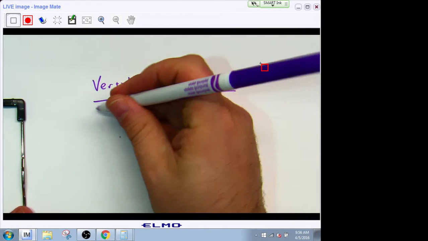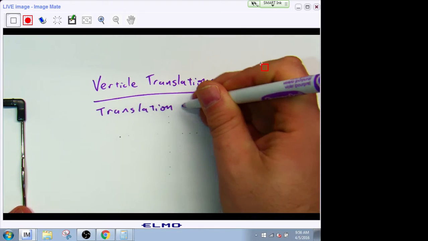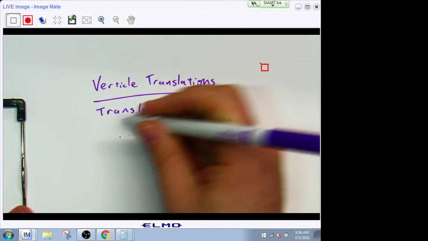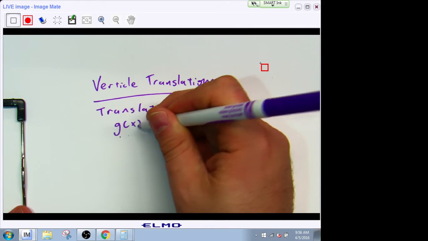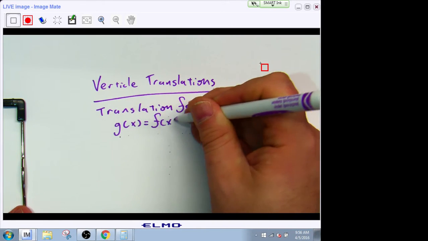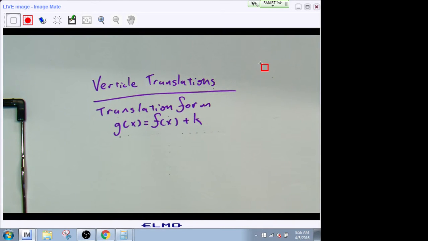And what we have is this thing that we call translation form, where some g of x is going to equal f of x plus k. All right? So what's going on here? What do all of these mean? Well, I'm going to use some of the language that we've used in previous lessons to help us understand that.